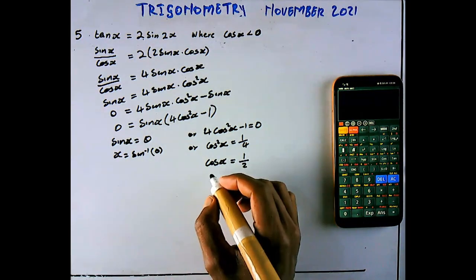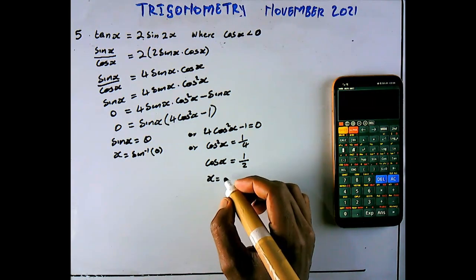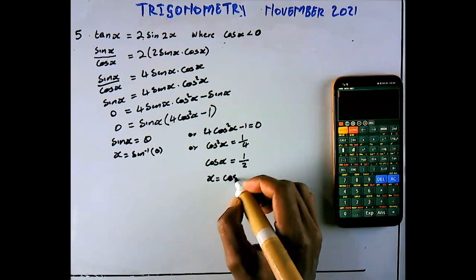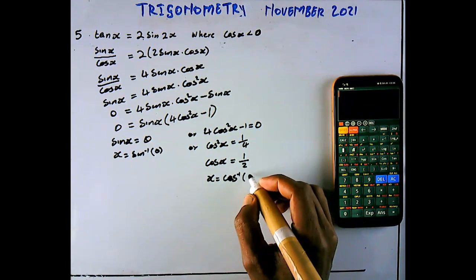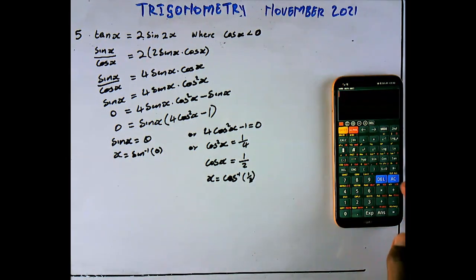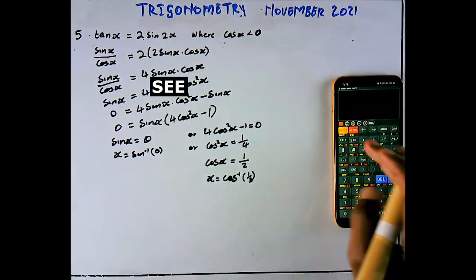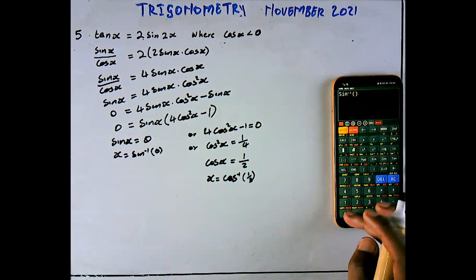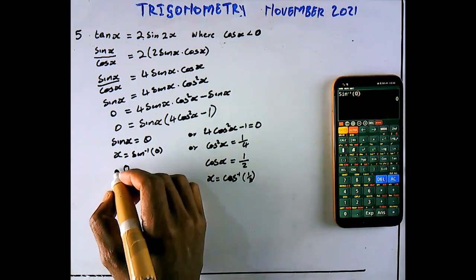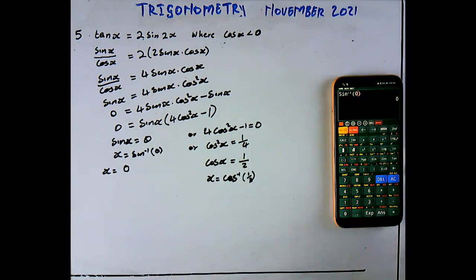And then x equals arc cos half. So we can press the calculator. Start with this one. Arc sine 0 equals 0. So here x equals 0. Our reference angle is 0.